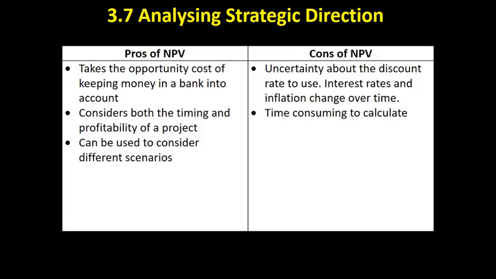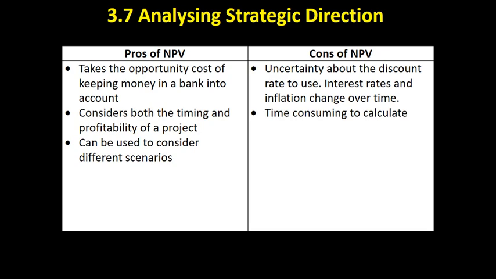So the pros of net present value: it's going to take into account the opportunity cost of keeping the money in a bank, so we can compare the value of an investment with what we'd get if we just put the money into a bank.